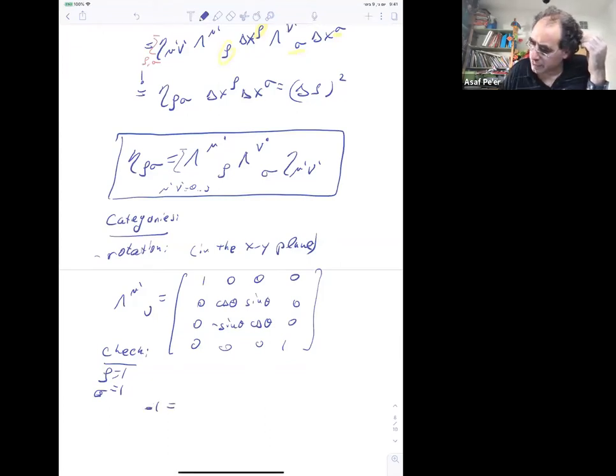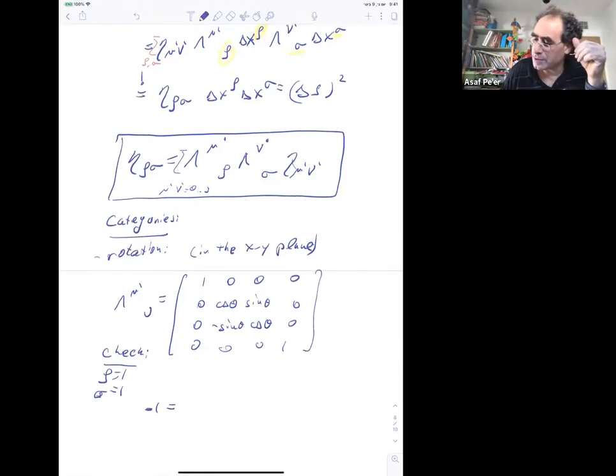So now we have a summation of the matrix times eta, but the eta is mostly going to give us zeros. It's going to be non-zero just when mu prime is equal to nu prime. So it's lambda mu prime 1, lambda nu prime 1, eta mu prime nu prime.